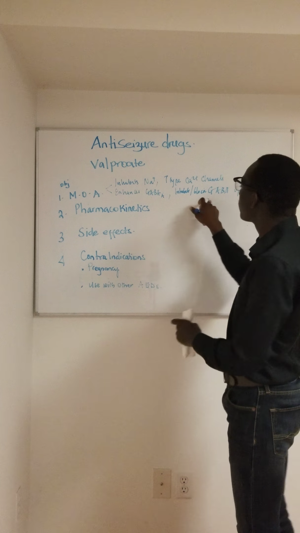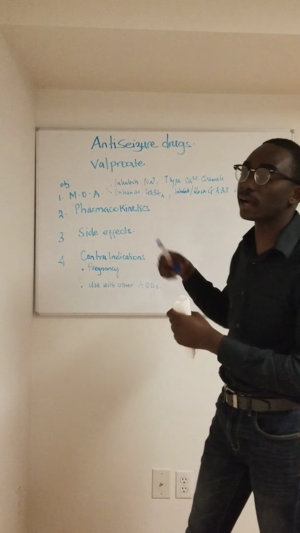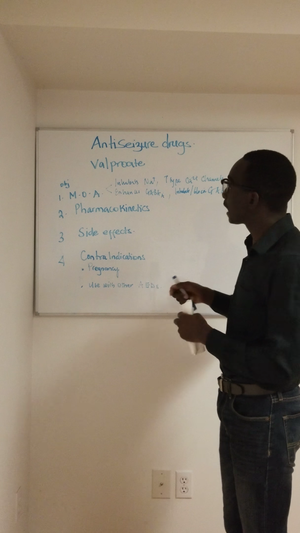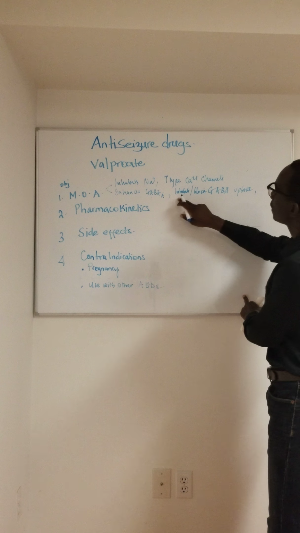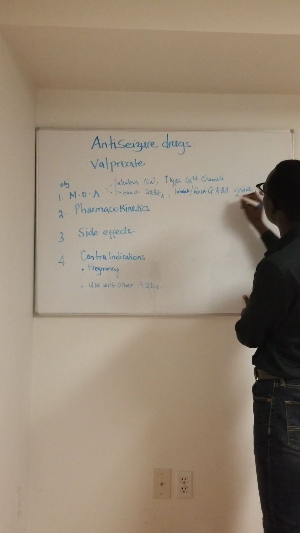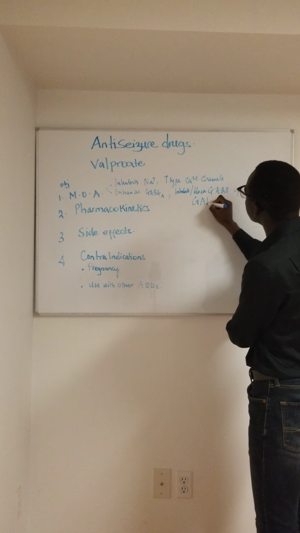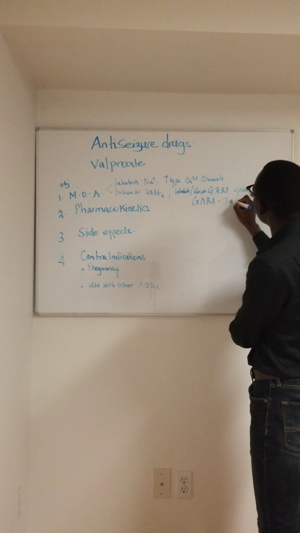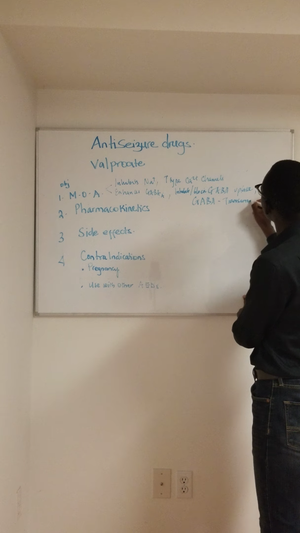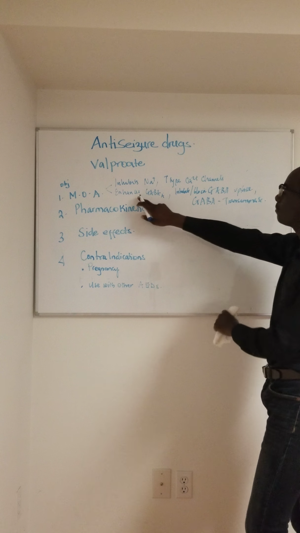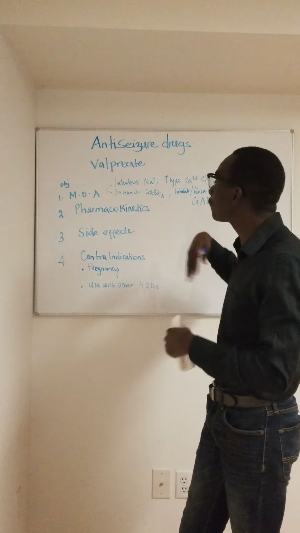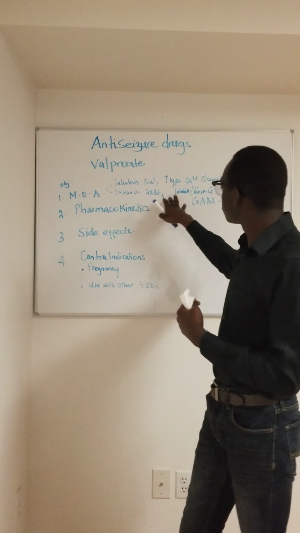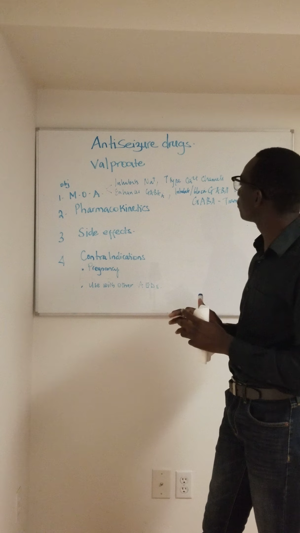So when we inhibit GABA uptake, we are going to have more GABA at the synapse, hence more inhibition. Another effect it has on GABA is that it inhibits GABA transaminase. When it inhibits this enzyme, GABA is not broken down, so we still have more GABA to cause inhibition on the postsynaptic neuron.